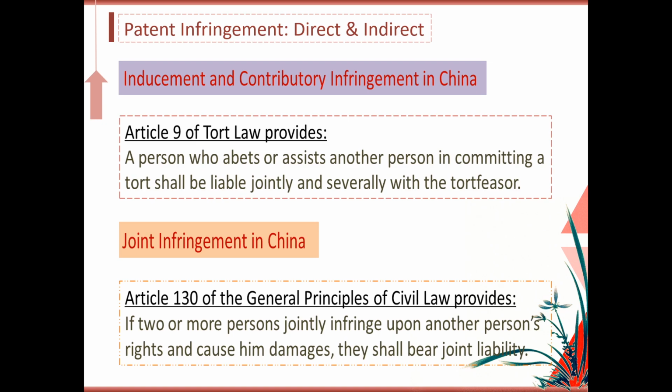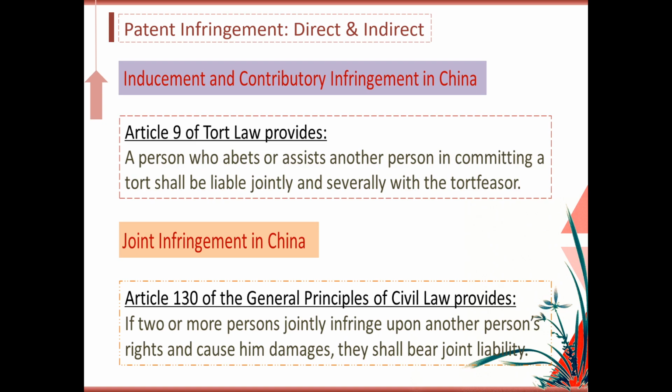And here, this is a provision concerning the liability for joint infringements. It's called joint tortfeasorship. Joint infringement is different from the liabilities arising from inducements and contributory infringements.